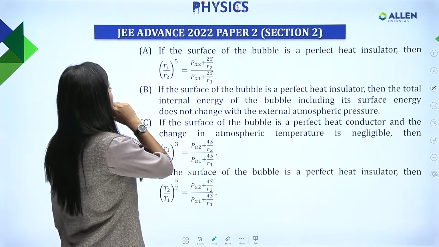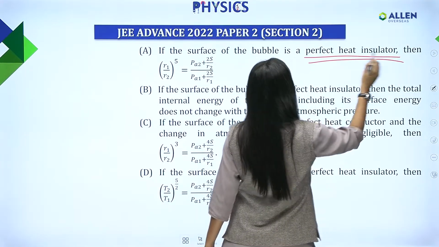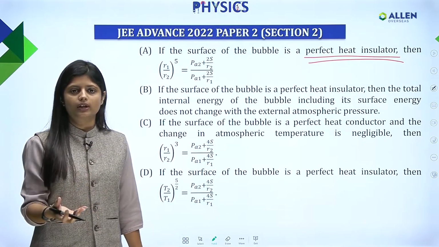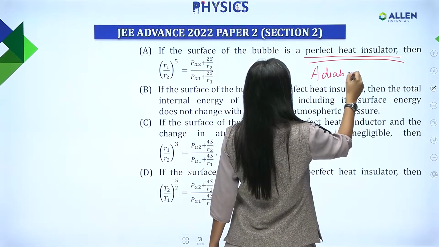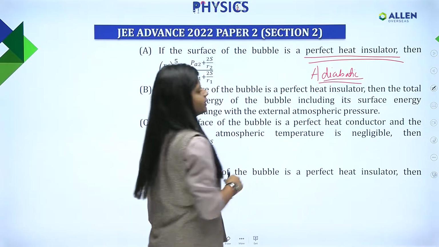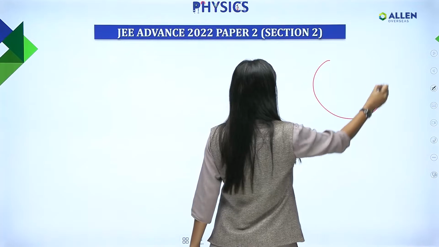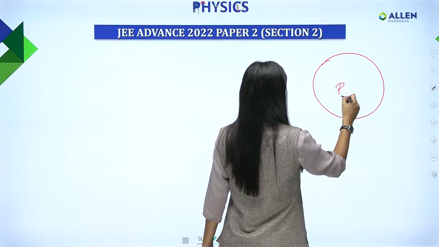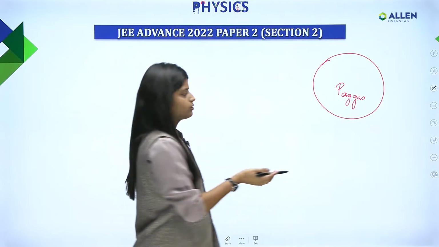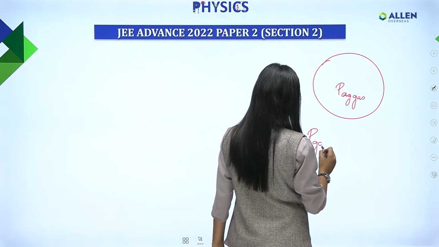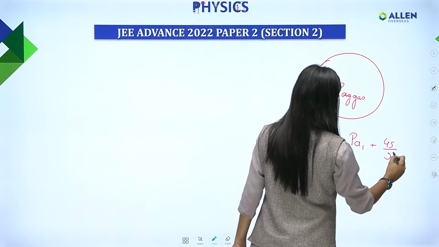First it is asking if the surface of the bubble is a perfect heat insulator. Now when I say that the surface is a perfect heat insulator, this means adiabatic process, right? So we can say that first of all, this is a bubble. Let's say pressure of the gas inside the bubble is P. So we can say that P gas will be equal to PA1 plus 4S by R1.